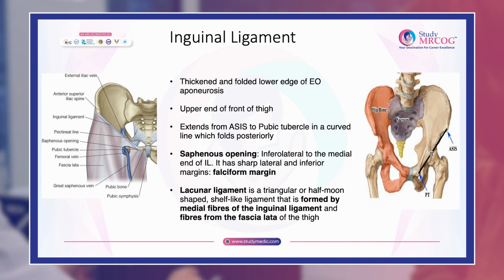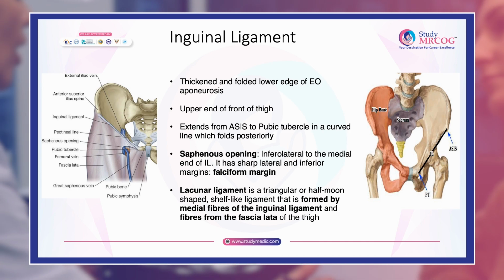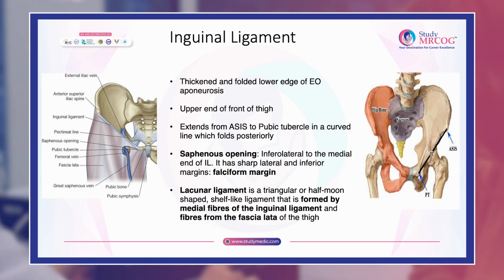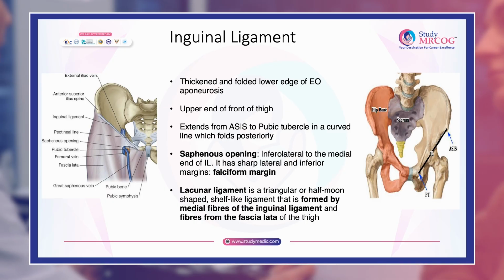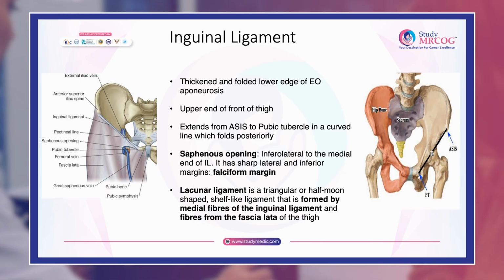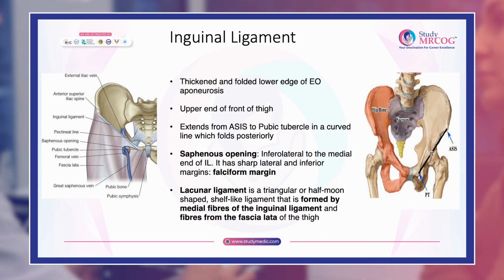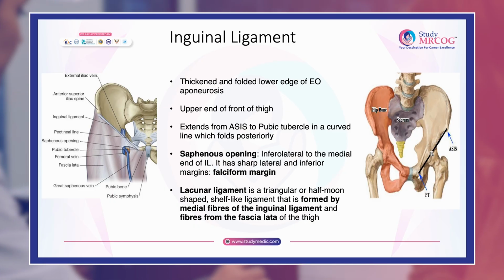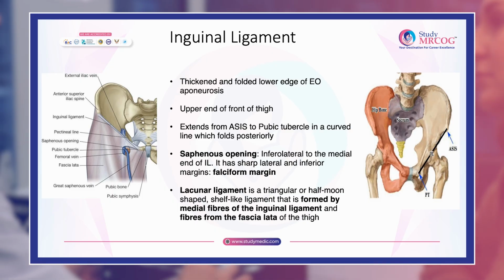There is an opening called the saphenous opening, which is present inferolateral to the medial end of the inguinal ligament, and it has a sharp lateral and inferior margin called the falciform margin. There is another ligament called the lacunar ligament, which is actually the medial fibers of the inguinal ligament and a few fibers from the fascia lata of the thigh.